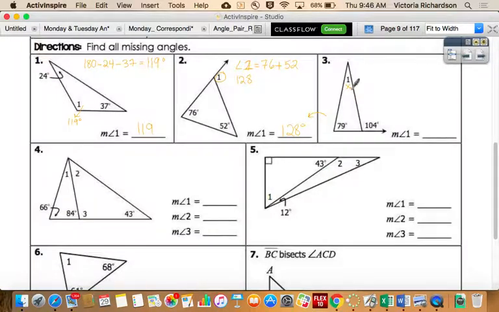So I'm going to call this x, and I know that angle 1, which is x, plus this angle right here, which is 79, is equal to this angle. So I'm going to say x plus 79 is equal to 104 because it's the exterior angle. So to solve this, I'm going to subtract 79, and I get x equals 25.